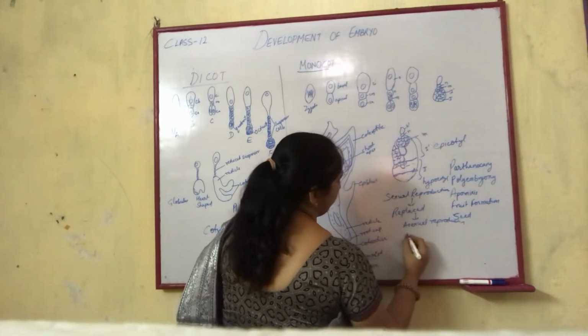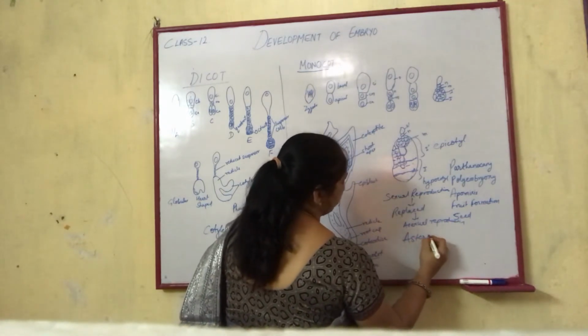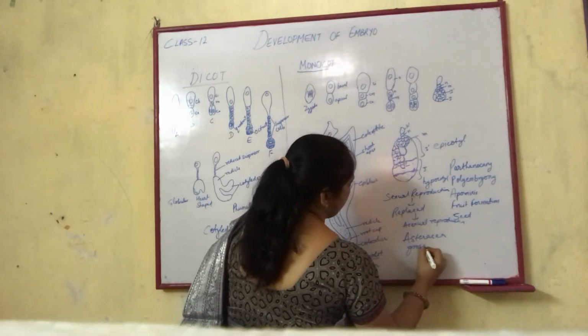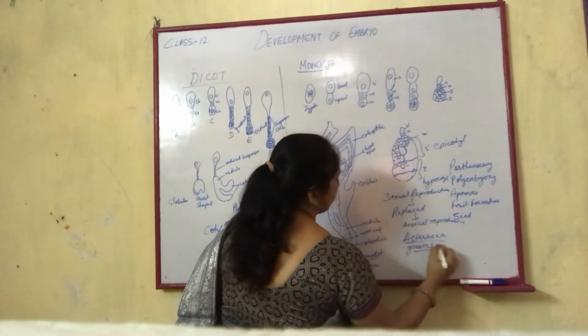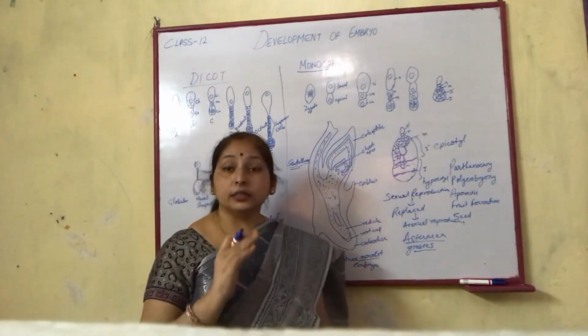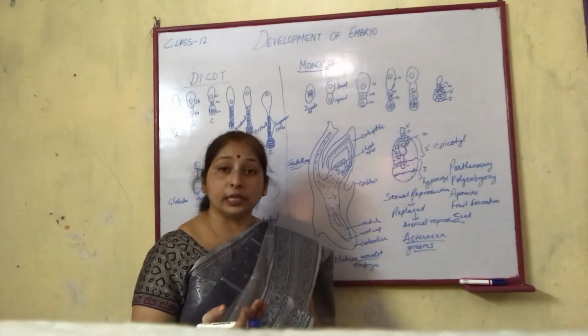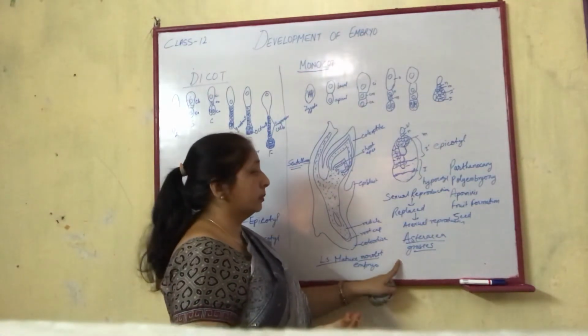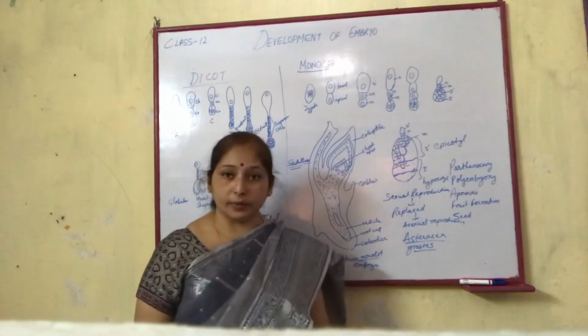For example, in Asteraceae and grasses, there is flower formation and the seed formation is without fertilization, in an asexual manner. Then the process is termed as apomixis.